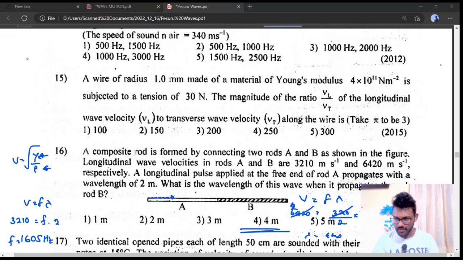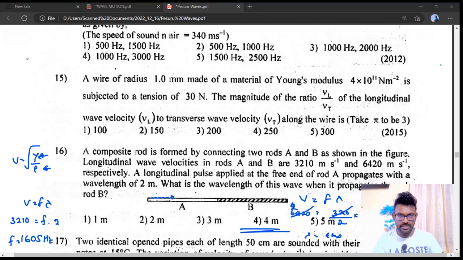Now, if a wire is subjected to a certain tension, it's acting like a stretched string, right? Let's say the same charger wire that I'm taking right now. If I just stretch it like this, I can send a transverse wave, and similarly I can send a longitudinal wave as well.